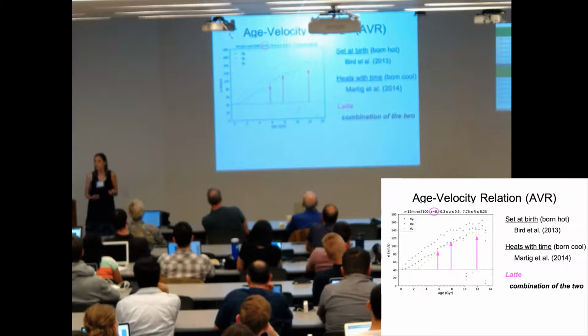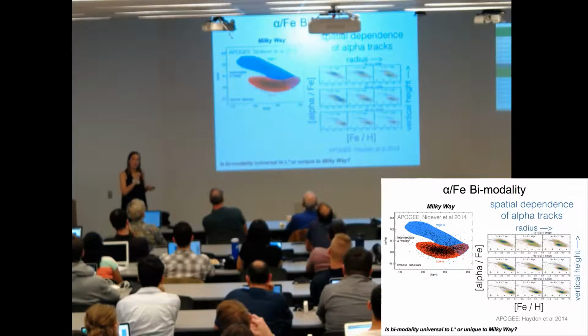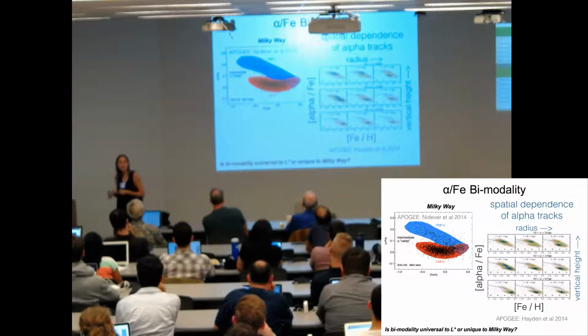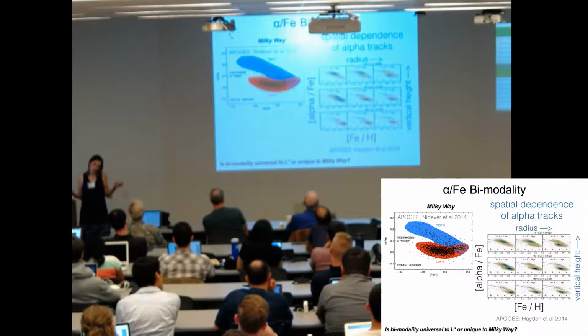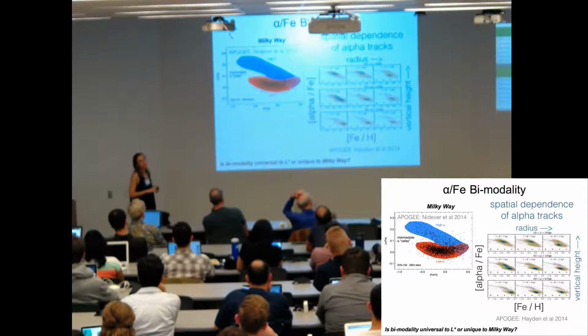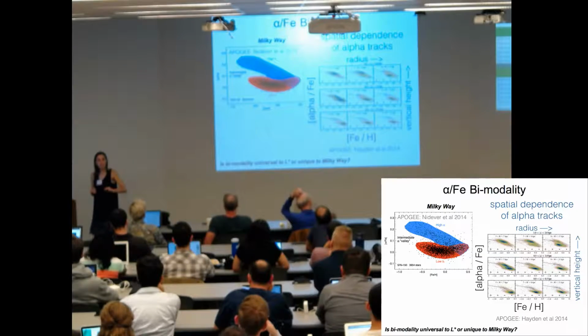All right. The other really interesting thing when we're thinking about not just average trends, but scatter, is we can start to think really critically about the chemical history of our galaxies and whether we're matching our best observational results. Now, we have detailed observations of the Milky Way, and some of the detailed observations coming from surveys like APOGEE are somewhat confusing.